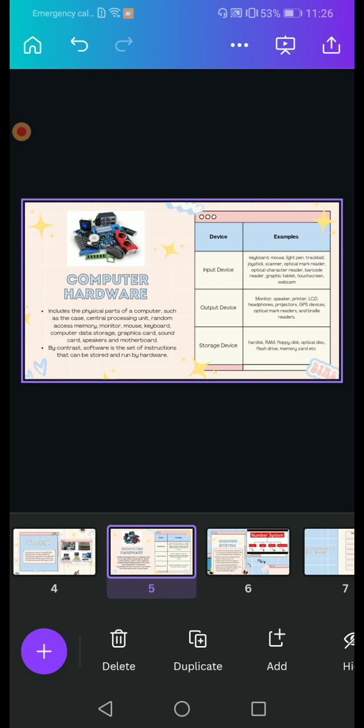Storage devices: hard disk, RAM, floppy disk, optical disk, flash drive, memory card, etc.